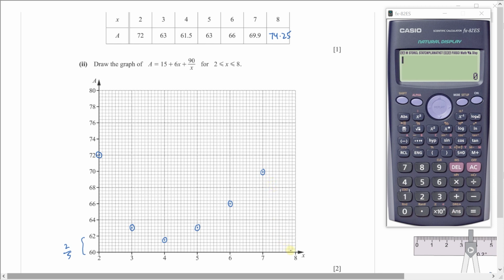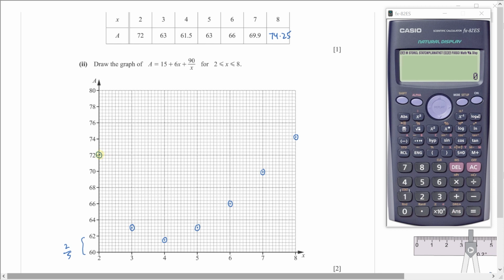And then 8 is 74.25. So 74, and then 74.4 is the next small block. So 74.25 will be around the middle of this small block here. So this will be your 0.74.25. So now let's join these points to form the curve.